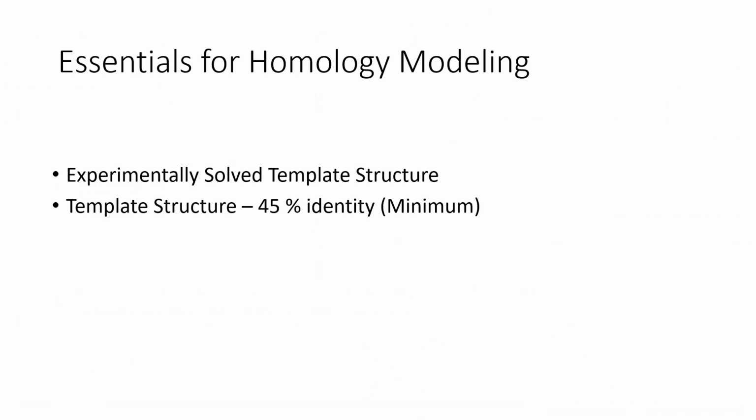You have to remember this is only possible if your sequence has at least 45% identity with an already known structure. And your known structure should be resolved experimentally, either by X-ray, NMR, or electron microscopy. It should be resolved by these methods, otherwise you cannot work with homology modeling.